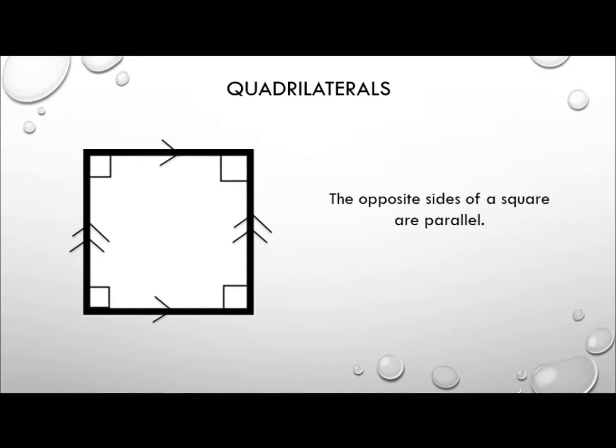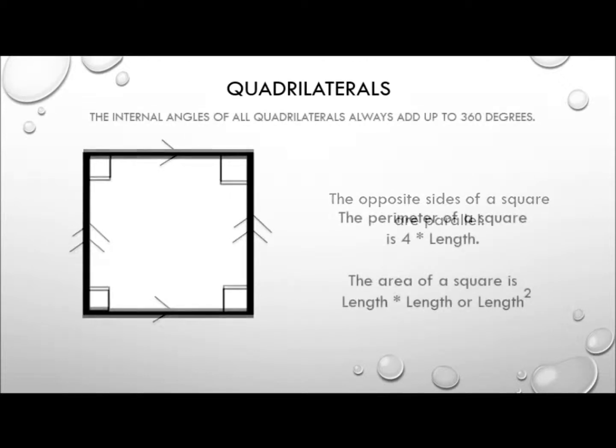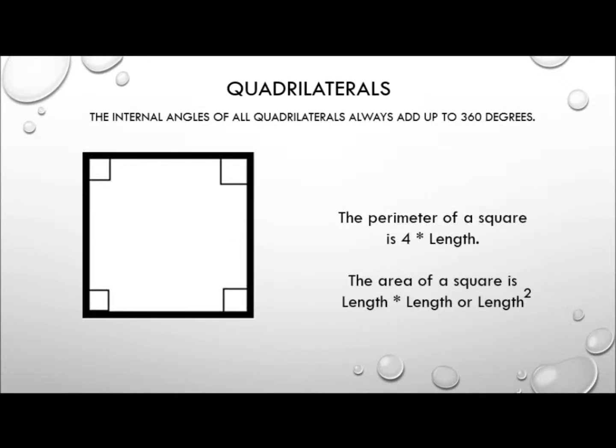The opposite sides of a square are always parallel. The perimeter, that is to say the distance all the way round the outside of a square, is just 4 times the length. The area of a square is just the length times the length, or the length squared.